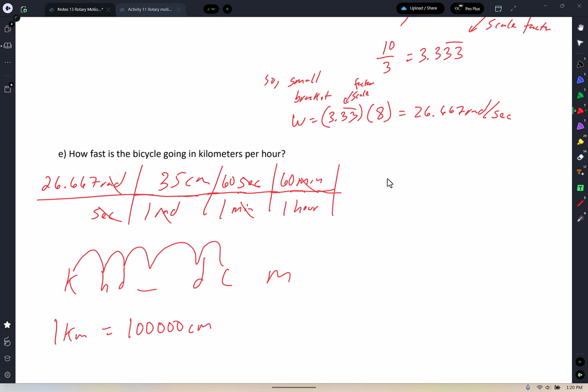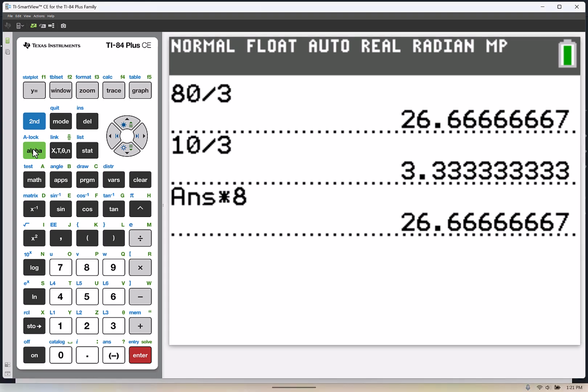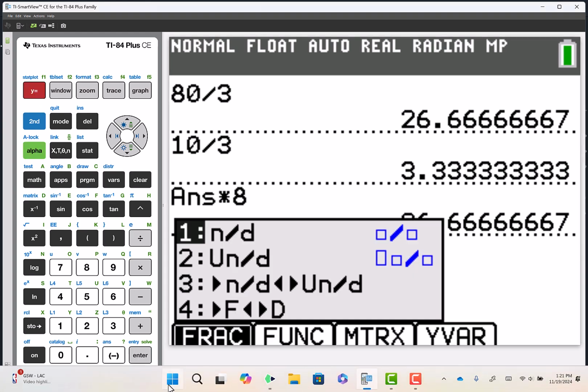Okay, here we go. I'm going to write 100,000 centimeters here, and I'm going to write 1 kilometer up here, so you never get it wrong. Use that feature that I just told you about on the calculator, guys. So let's see what that is. I'm going to go alpha y equals enter.